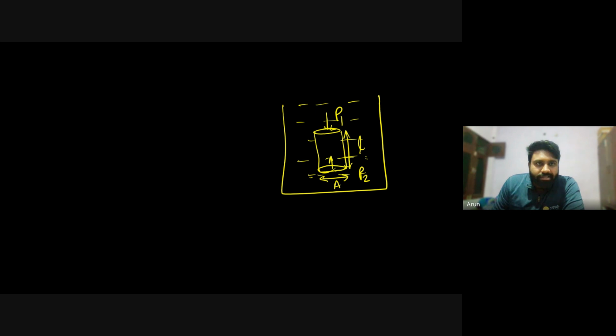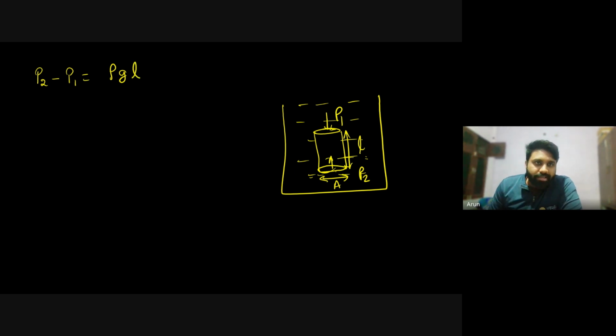So we know that P2 minus P1 is nothing but rho g h, where rho is the density of the liquid, and h here is nothing but L, the length of this cylinder.